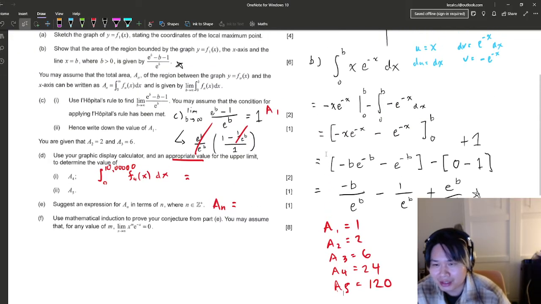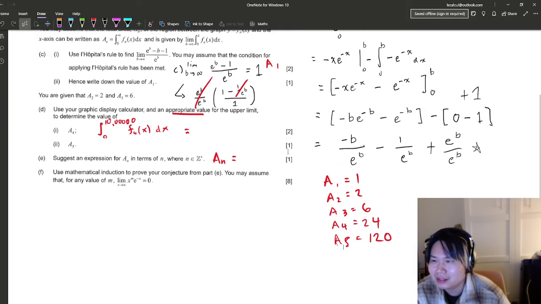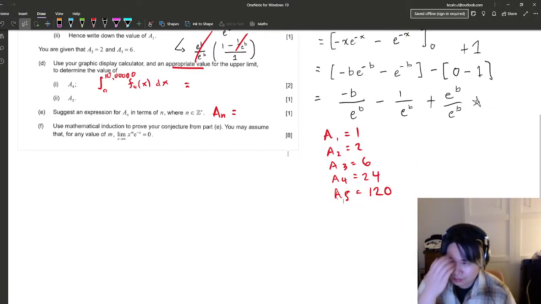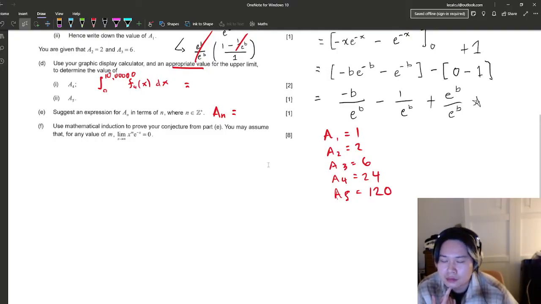Okay, it's 1 mark. It should be obvious. So why can I not see it? 1, 2, 6. 6 is 2 times 3.